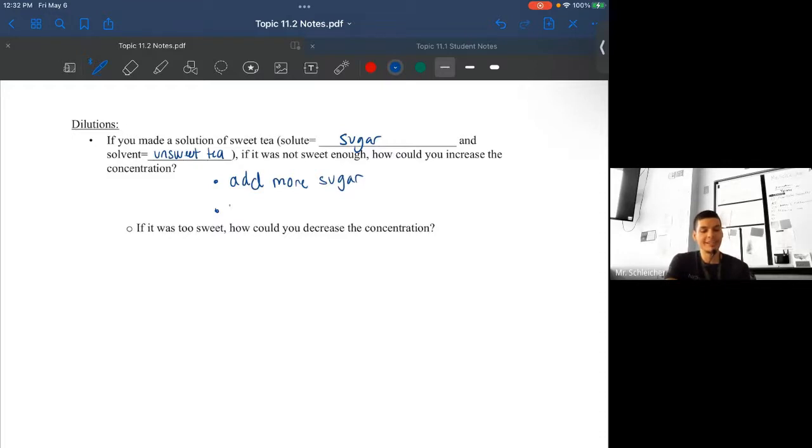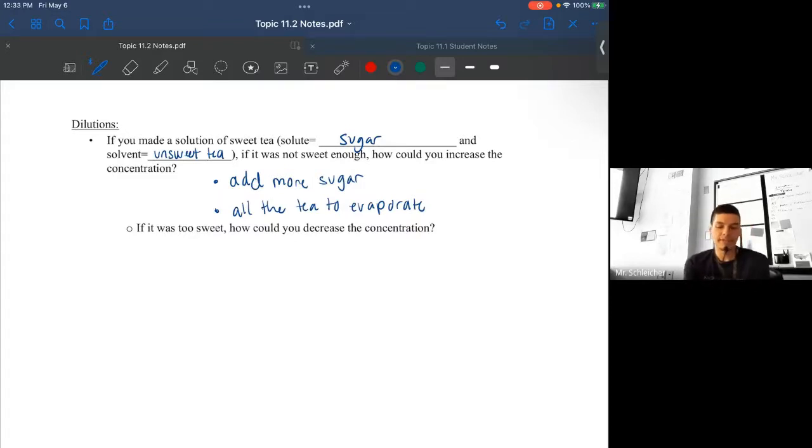We can allow the tea to evaporate. Put it in a dehydrator or something, and wait for some of the tea to evaporate, and then it will get sweeter and sweeter as the tea evaporates. But also maybe the tea would taste stronger. So I don't know, that'd be kind of weird.